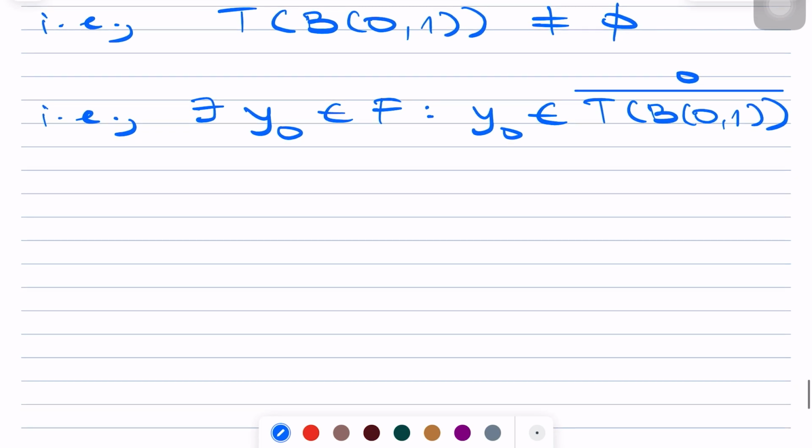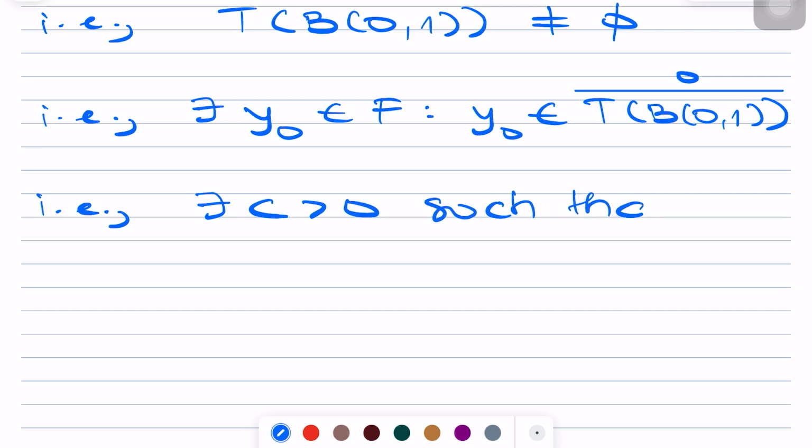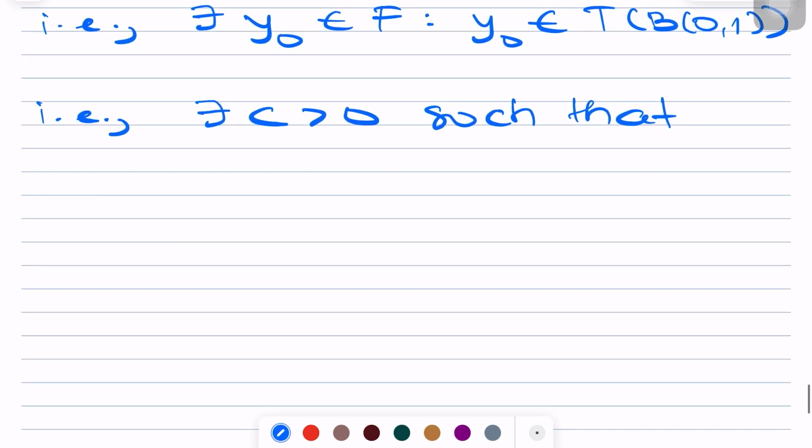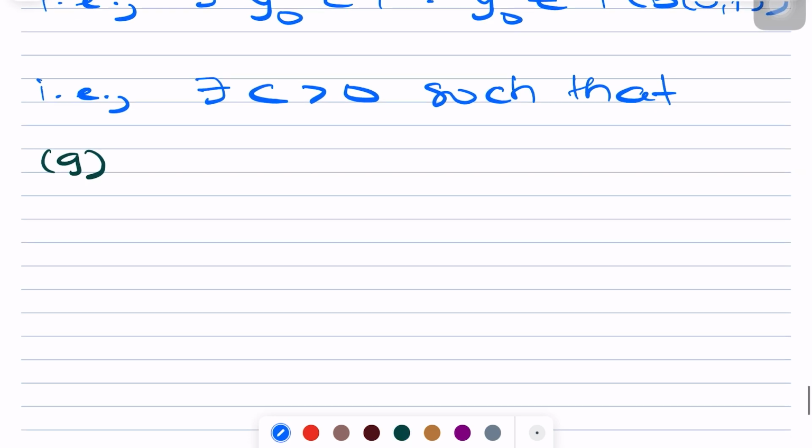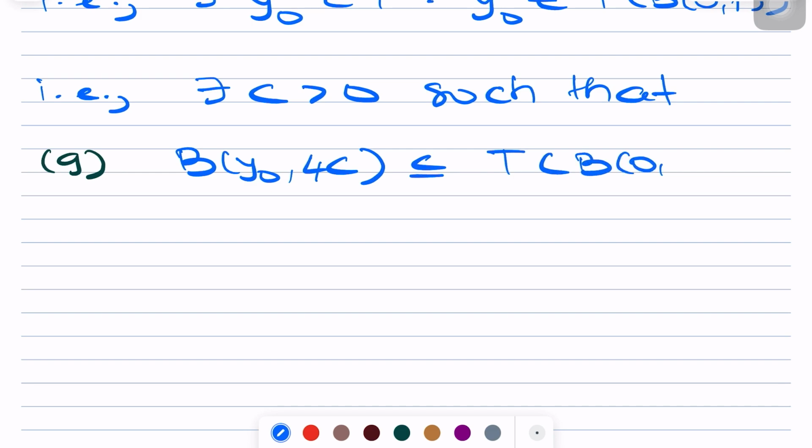So by definition of y0 being an interior point, there exists a c positive, and we call this (9), because we use it later, such that the ball around y0 with radius 4c is contained in this closure.